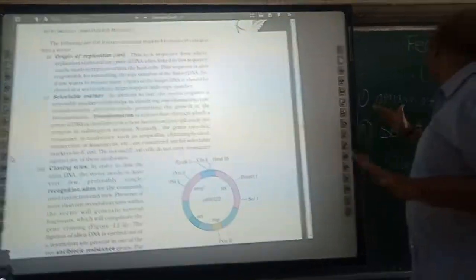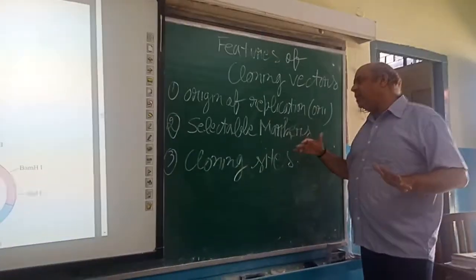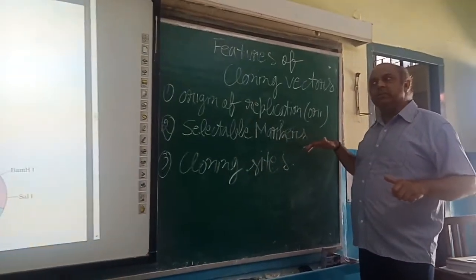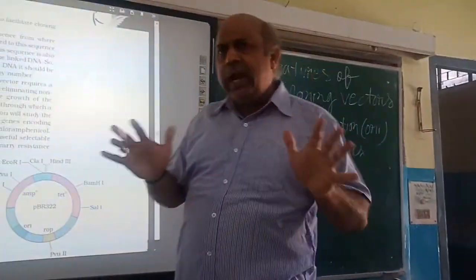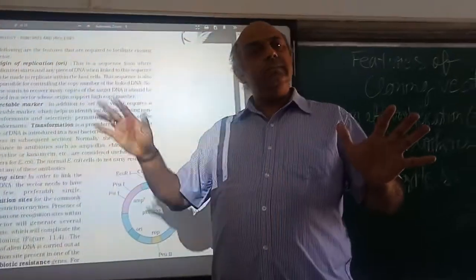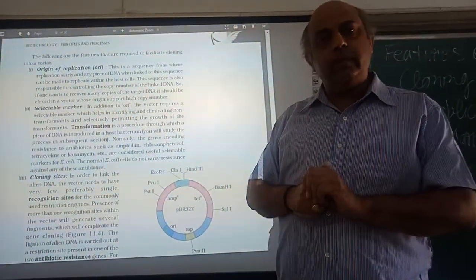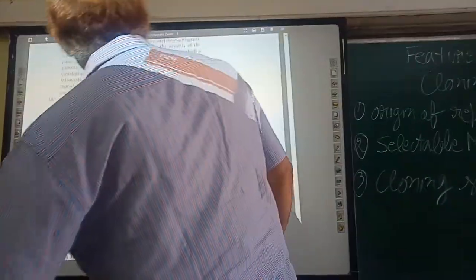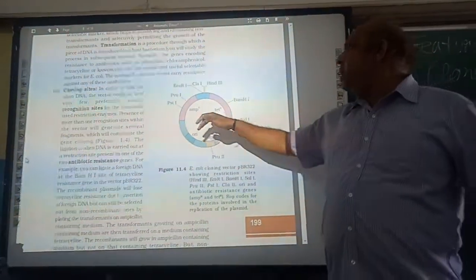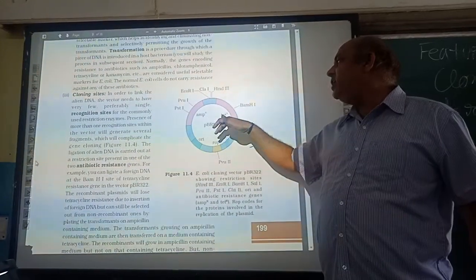And the other feature of a cloning vector is selectable markers. There must be at least 2 selectable markers in a cloning vector. We are seeing a plasmid which is called PBR 322.